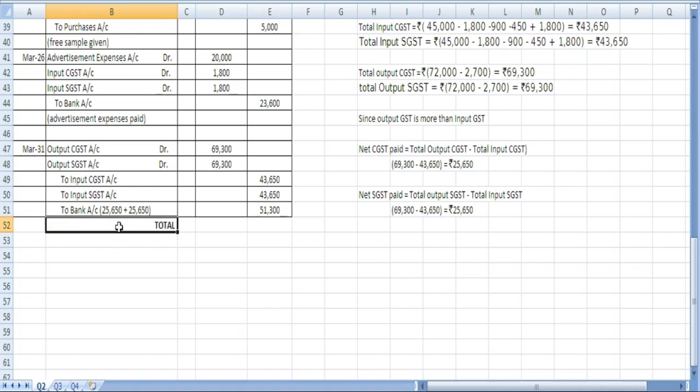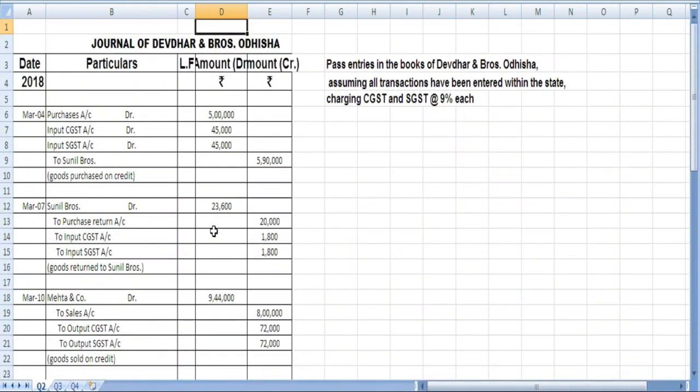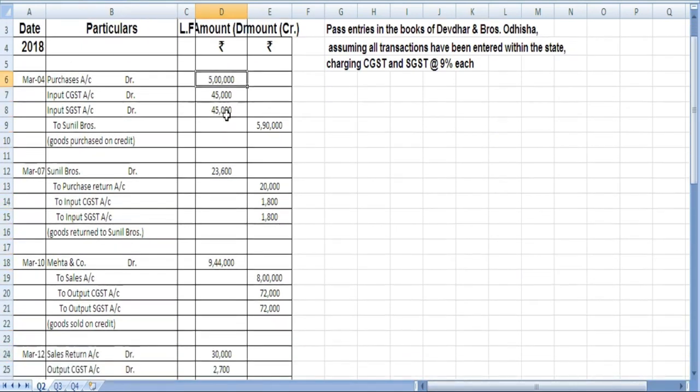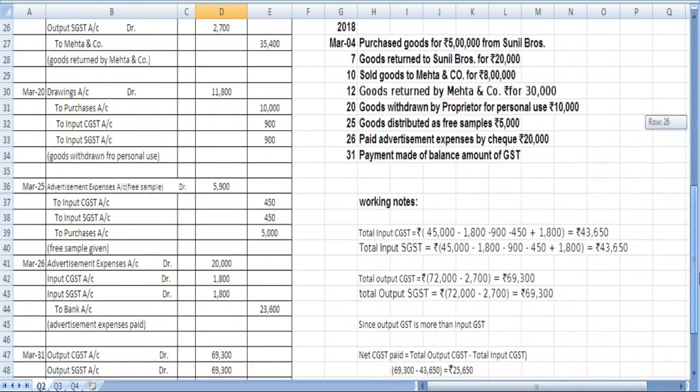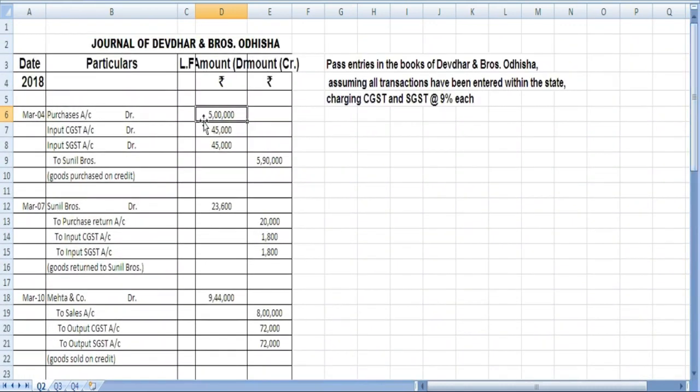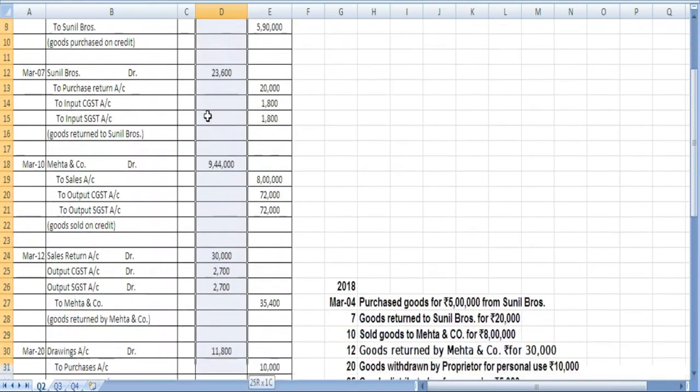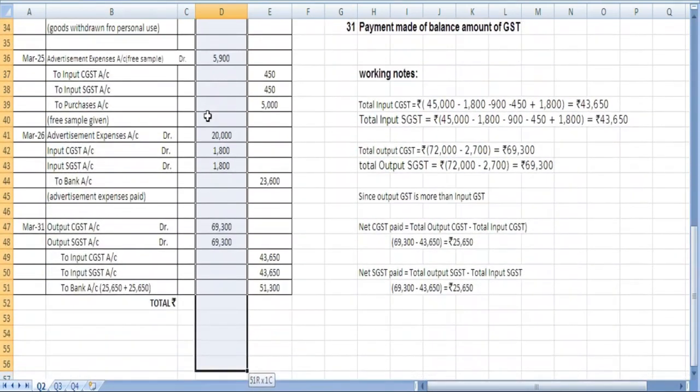On this side it is coming as 17,72,900, and the same on this side also.